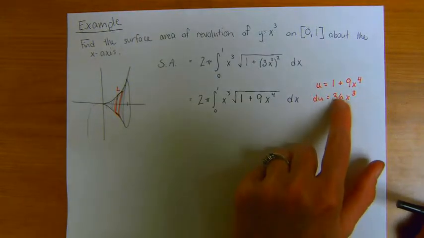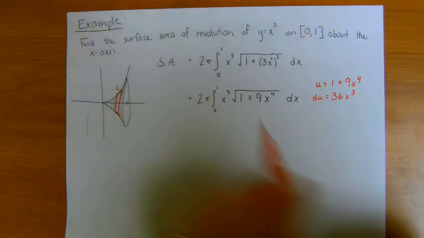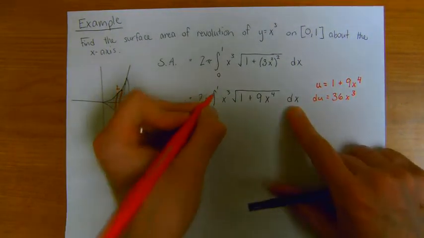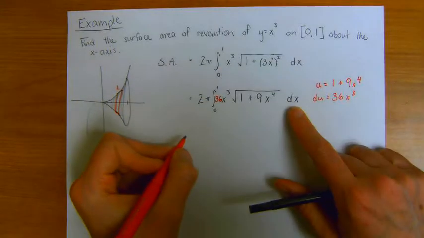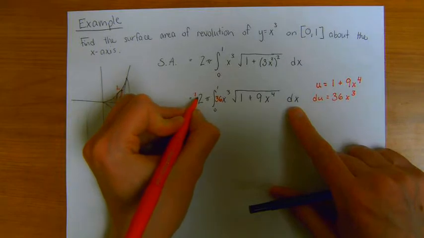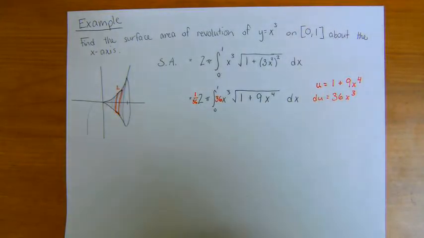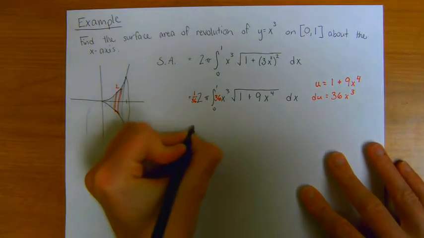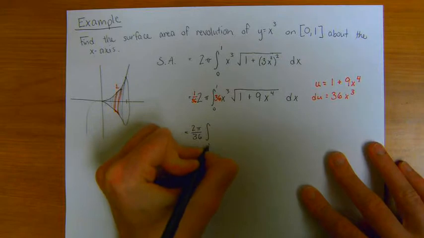Notice that I need 36x cubed, but I don't have 36x cubed. So I'm going to change my original integral. I'm not changing the value of it. I'm just going to multiply it by a clever version of 1. I'll multiply the interior by 36 and the exterior by 1 over 36 so that I can rewrite my integral. This is going to be 2 pi divided by 36 times the integral from 0 to 1.